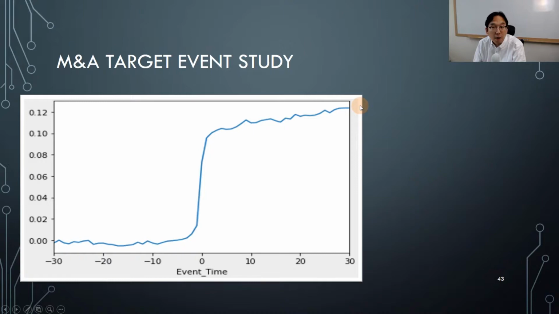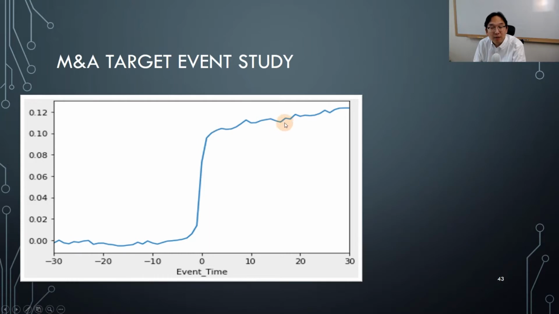And then the price response is very immediate. You see about 10% or 12% response going on over there, but it does not appear in full on the first day. It takes time. And there's a probability that the M&A deal will fail.